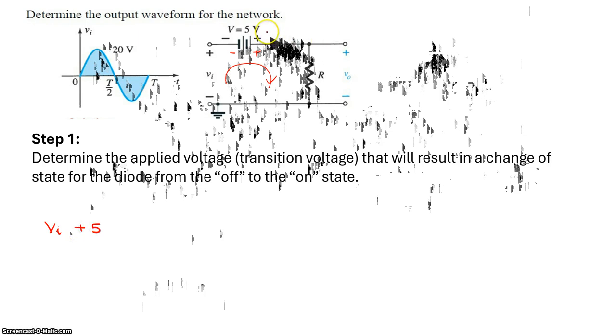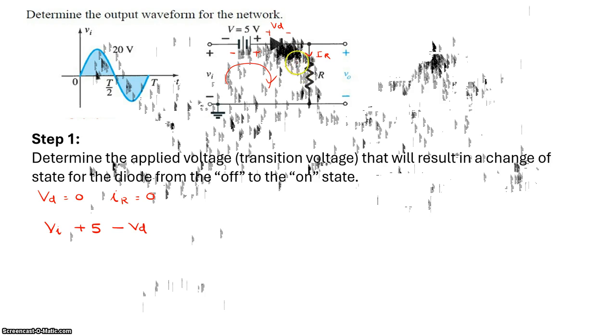And what is the voltage across the diode? Considering that the voltage across the diode is equal to 0, and the current IR, the current through the resistor, is also 0. Understand that only one current is there, because only one loop is there. Now plus to minus, this is your Vd, so it is minus Vd.